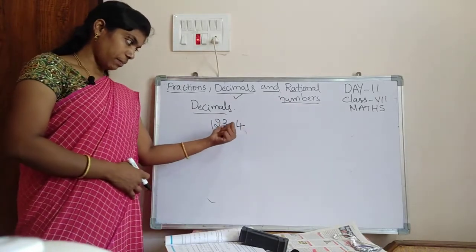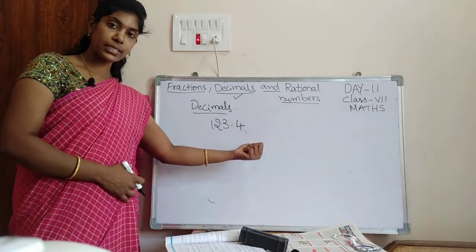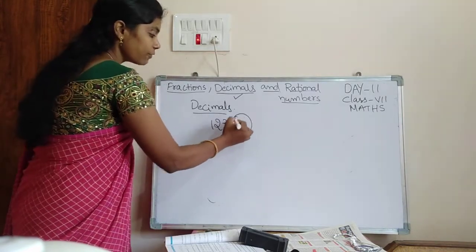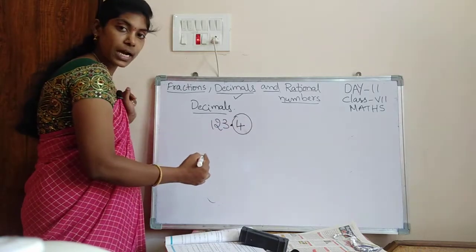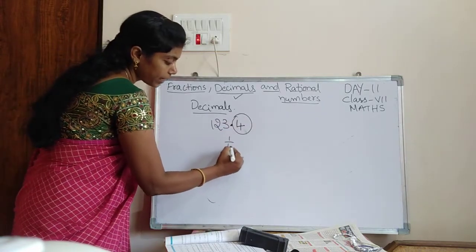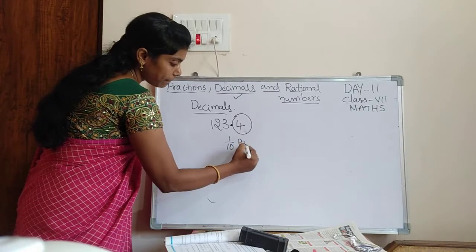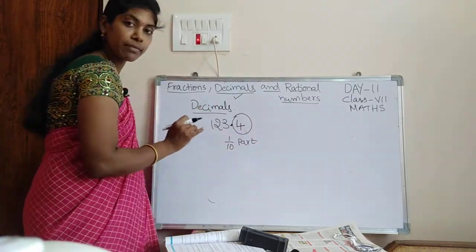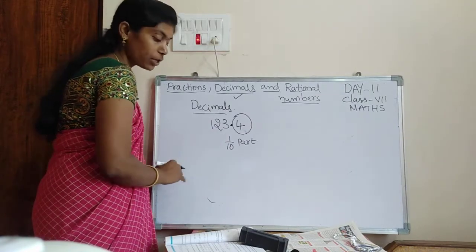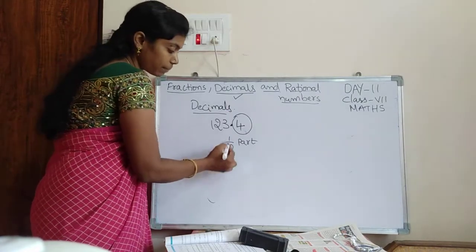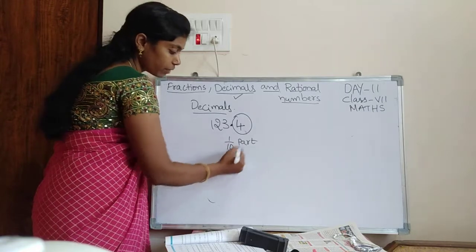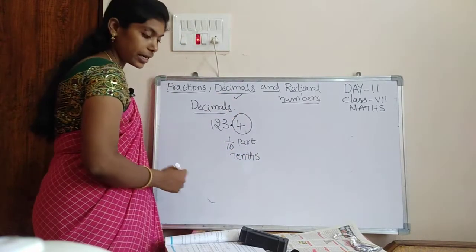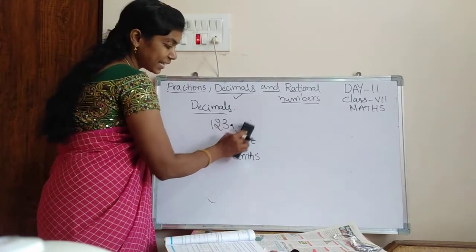After the decimal point is the decimal number part. We start with 1/10th part. We will not have ones in decimals, keep that in mind. This is 1/10th part, or tenths.